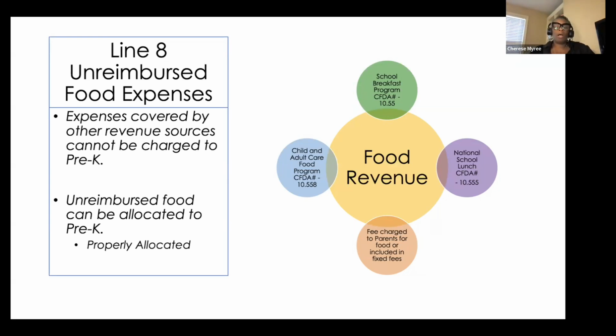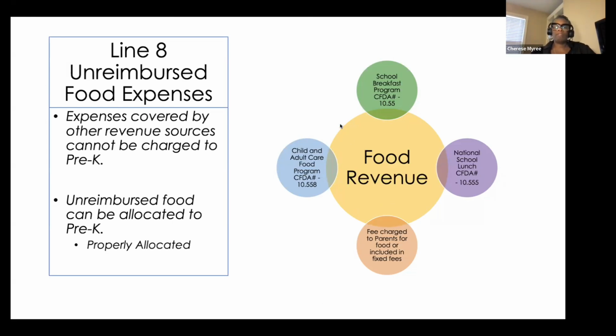You may be on the CACFP, or the National School Lunch Program, or the breakfast program. You may charge a fee for food to certain students that are allowed to be charged for food. Or if you charge a lump sum for care, a portion of that fee, if they're paying weekly or monthly, is covering food. So you would need to know how much money you're already getting for food, right?